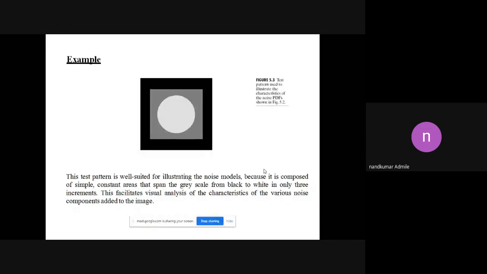It is difficult to identify, by visualizing any image, which type of noise is present in the image. That's why we do the mathematical modeling of a particular image. Here we can take one example, which consists of a black color, white color, and a gray color. When we take such an image, we can observe which type of noise is present in it.